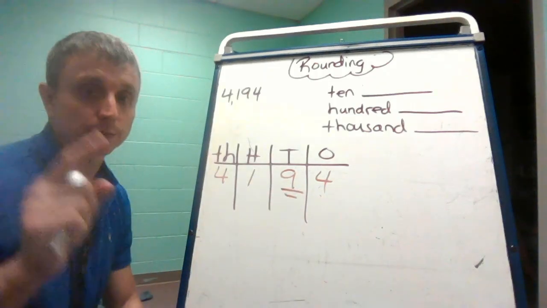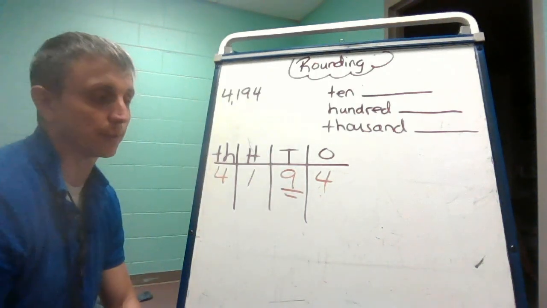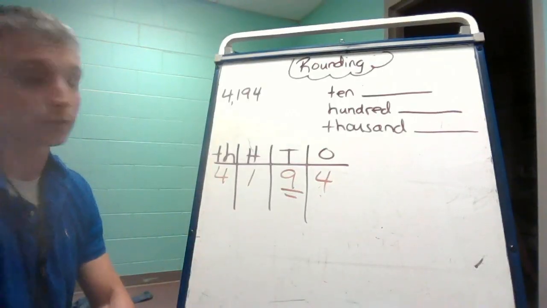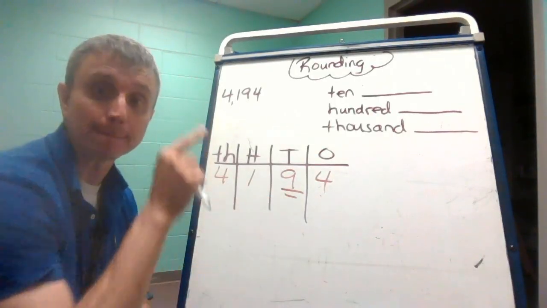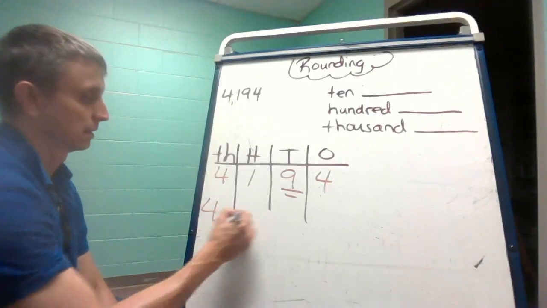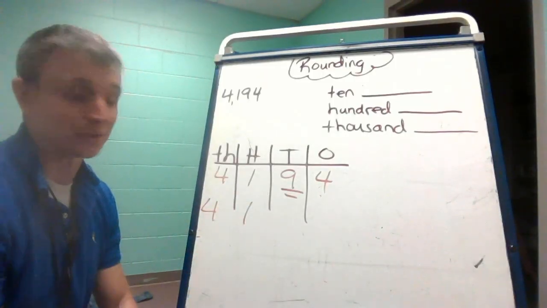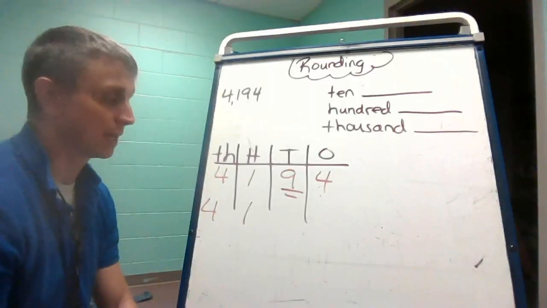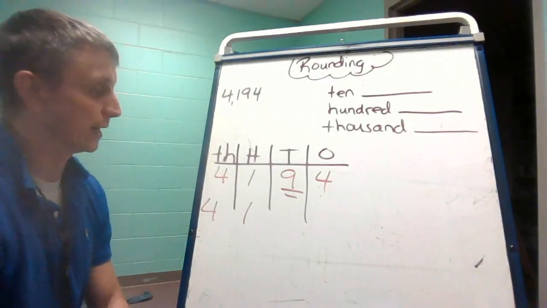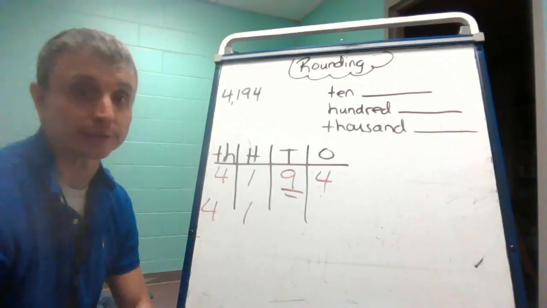First thing that I need to remember when I'm rounding to a place value that is not the greatest one is that the greater place values than my rounding place immediately get recycled. That's the first thing I'm going to do. This one might change. Chances are it's not going to, only in special situations, but we'll see.